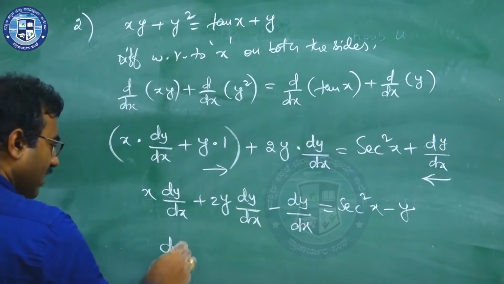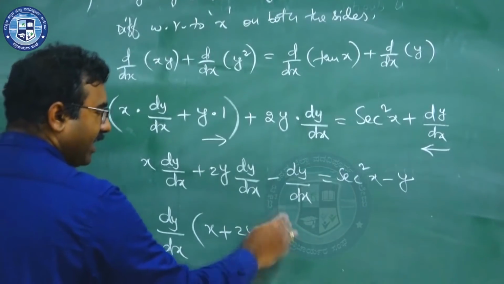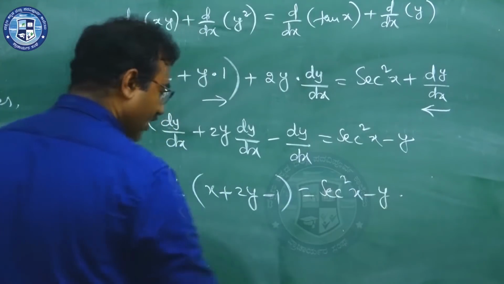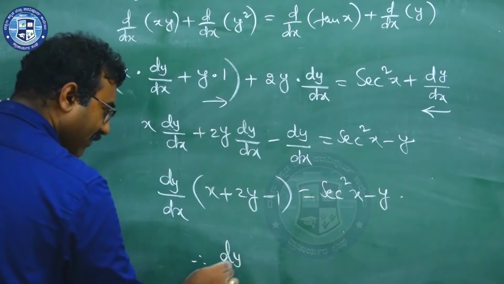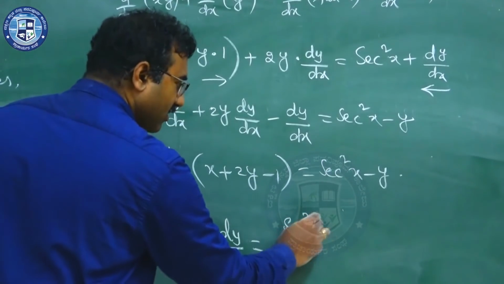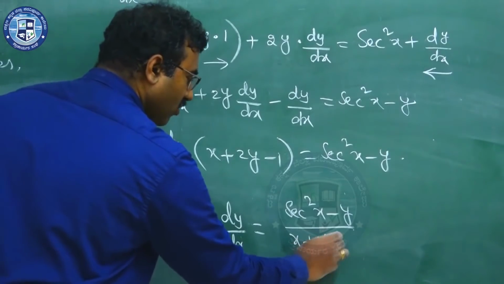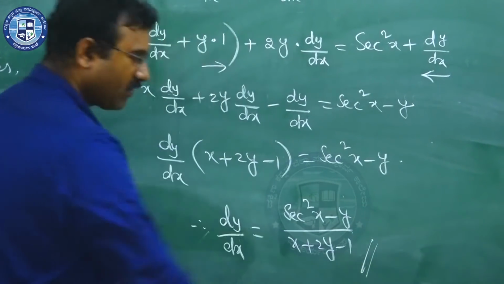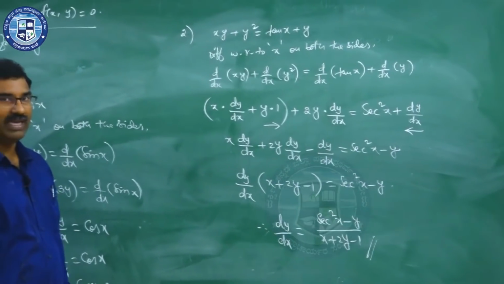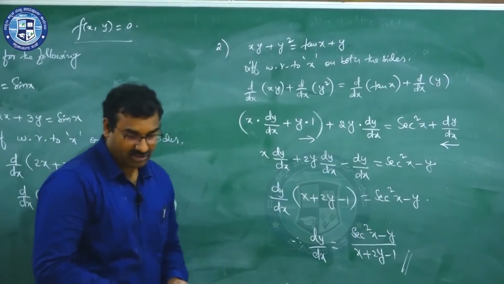When you take dy by dx common, what happens? (x plus 2y minus 1) is equal to secant squared x minus y. Therefore, dy by dx, what are we getting? Secant squared x minus y divided by x plus 2y minus 1. This is dy by dx of this implicit function.